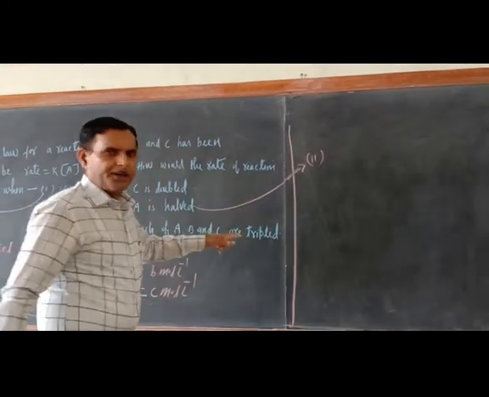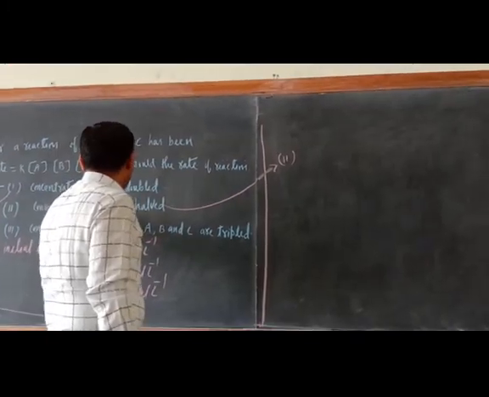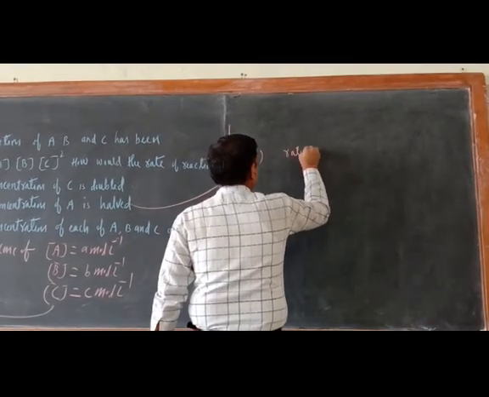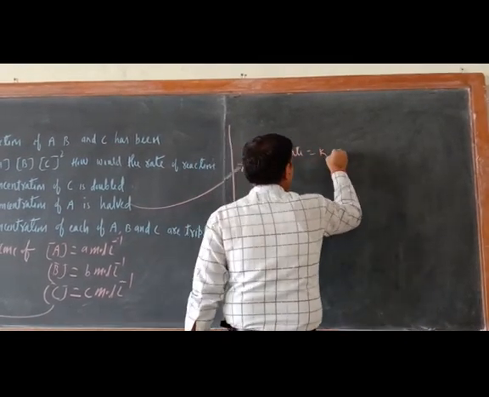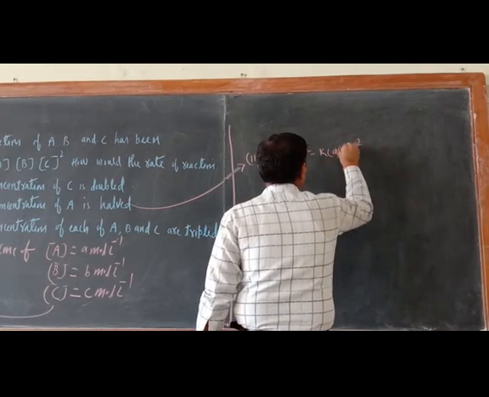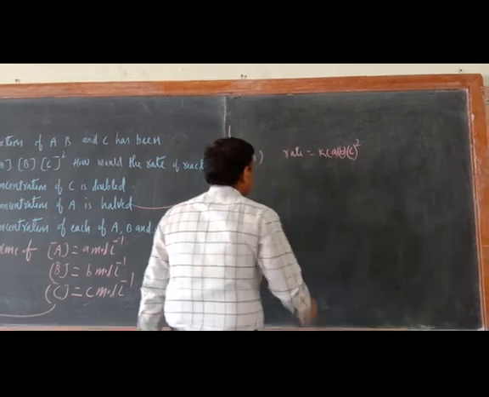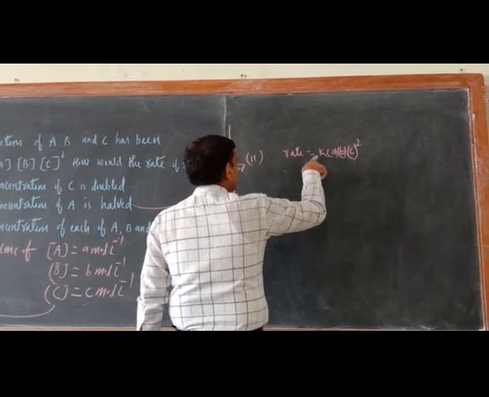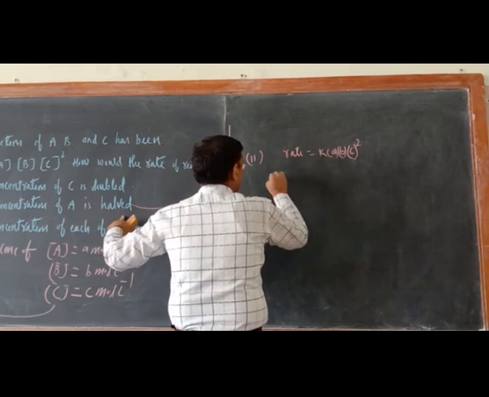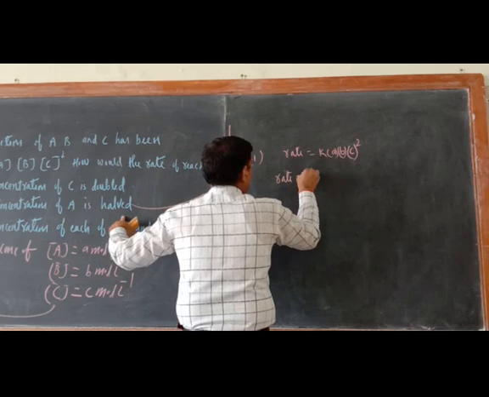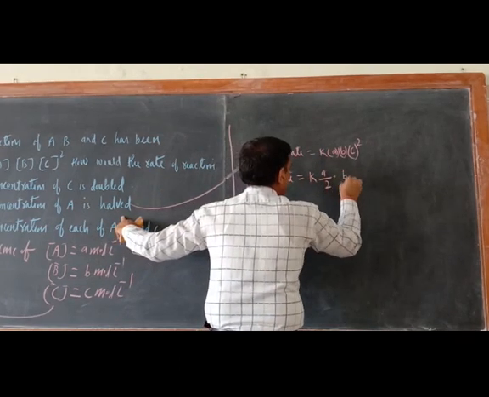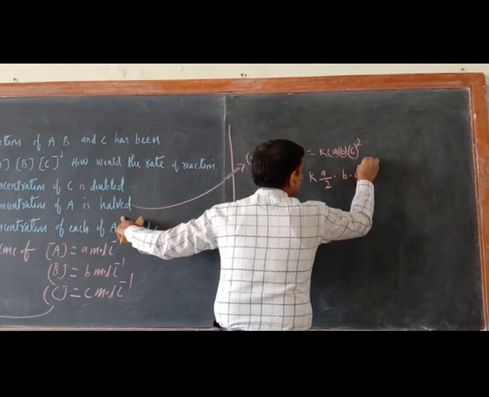So dear cadets, now second one. When concentration of A is halved, what is the expression? Rate equal to k[A][B][C]^2. You can put brackets also, no problem at all. So the new rate when the concentration of A is half, initial concentration is a, so rate equal to k times a by 2, here b and here c square.